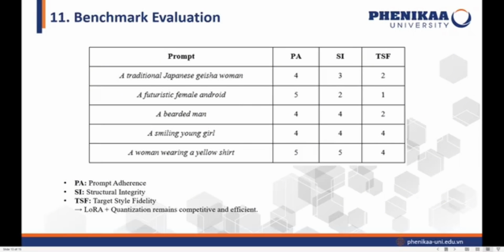Looking at this one, LoRA and quantization remain competitive and efficient after rendering the images. I also tested with 5 prompts, which are in the previous slide I showed.